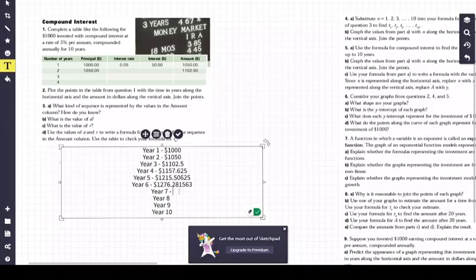Pretty cool. So right now we could pretty much see that instead of growing by around $50 per year, we're actually growing by a lot more. Growing by around 60 now. So this is where compound interest has a significant benefit over simple interest.